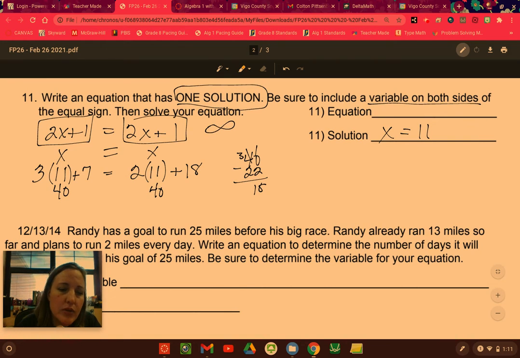Yes. So now I have written two expressions that are equivalent on each side of the equal sign. That's what I'm doing when I build an equation. I'm going to now take the number 11 out, and I'm going to substitute back in the variable that I chose. 3x plus 7 equals 2x plus 18.